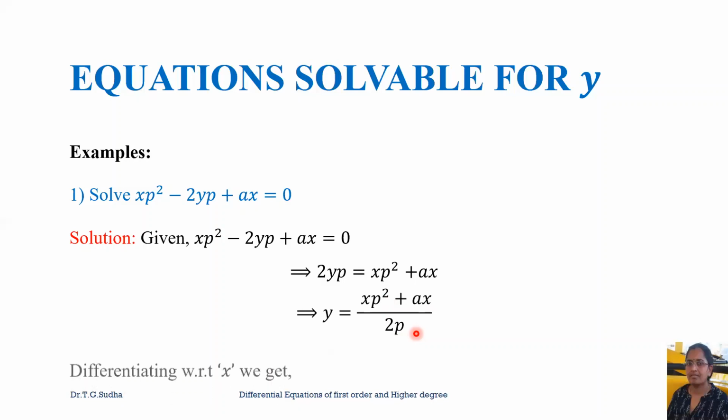In the next step, we are going to differentiate this with respect to x. When we differentiate with respect to x, on the left hand side we get dy by dx, and on the right hand side, p gives us dp by dx.